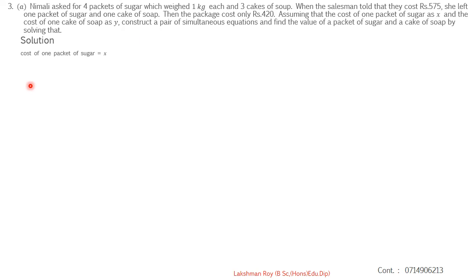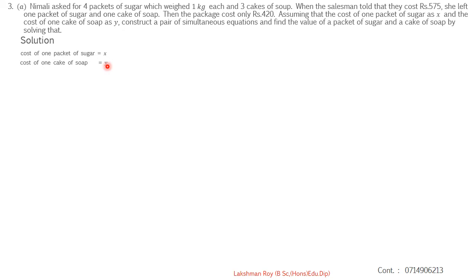One is given: the cost of 1 packet of sugar is X rupees. Keep in mind, the cost of 1 packet of sugar we consider as X rupees. Another one they have given is that the cost of 1 cake of chalk is Y rupees. Now we want to construct a pair of simultaneous equations. So that is the main point.